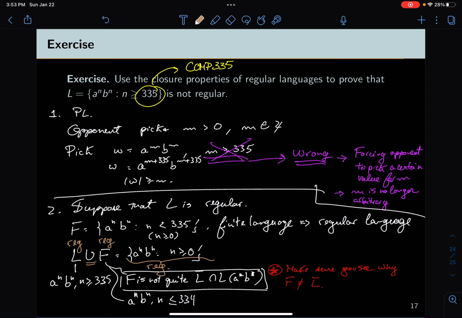And so that means we have the incorrect conclusion that a^n b^n for n greater or equal to 0 is regular. And so that's clearly false. We have a contradiction, which means that our initial assumption that L was regular was incorrect. So that means that L is not regular.